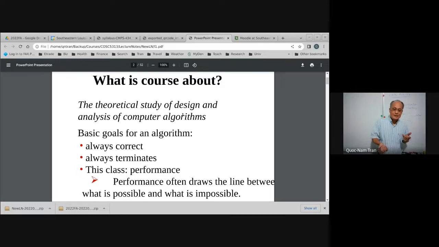So next time we will try to design an algorithm for insertion sort and analyze it to see whether or not insertion sort is correct, whether or not insertion sort is a good algorithm, right? Of course it's not, but why insertion sort is not a good algorithm? So that is what we will try to do next time.